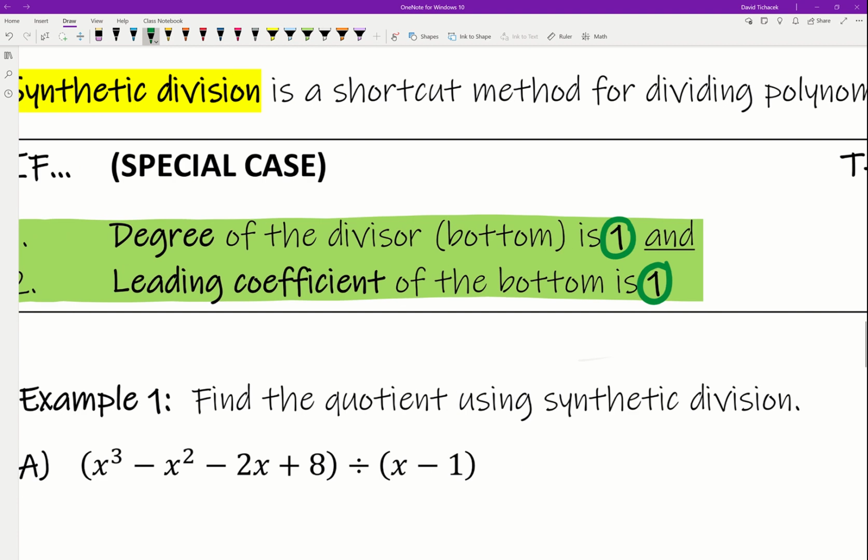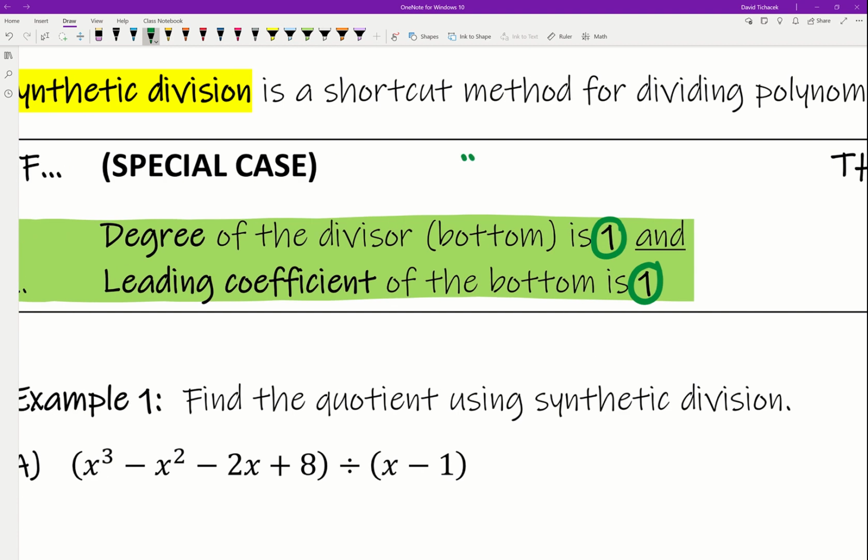So in other words, if your divisor looks like x and then some number, then that means you have the green light to do synthetic division, okay? So in that box, I could have anything from like a -1 to like a +3 or whatever, okay? So as long as you've got that special form, that's the number that you're dividing by, then you're going to be able to use synthetic division.